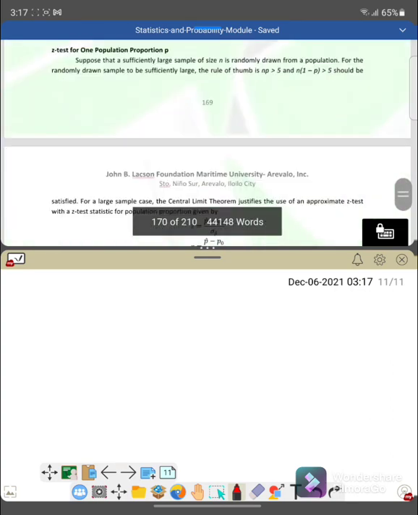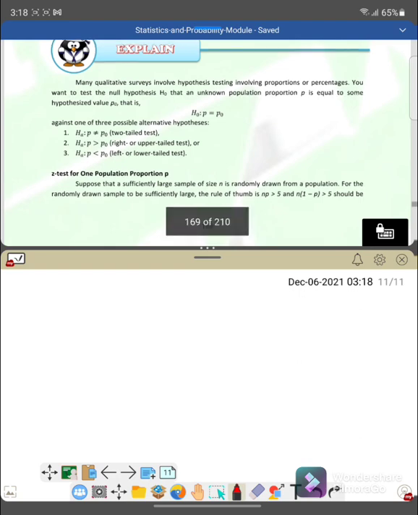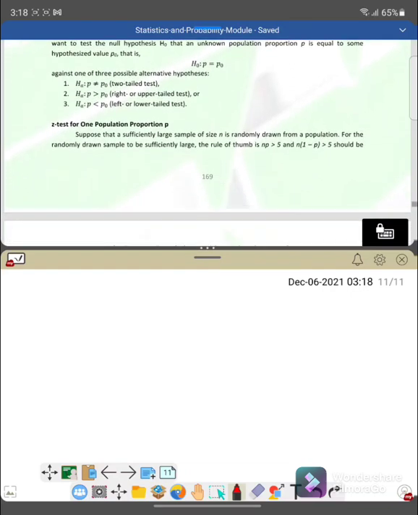Okay, so again, usually we are using this in your qualitative research involving hypothesis testing, involving proportion and percentages. So, you want to test the null hypothesis that an unknown population proportion is equal to some hypothesized value, which is represented by your P sub O. And this time, as you can see, we're not using population mean.